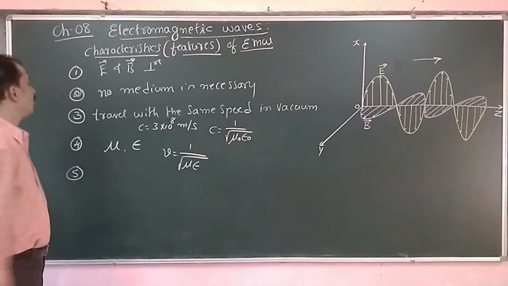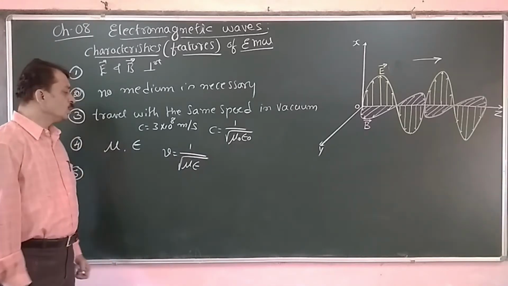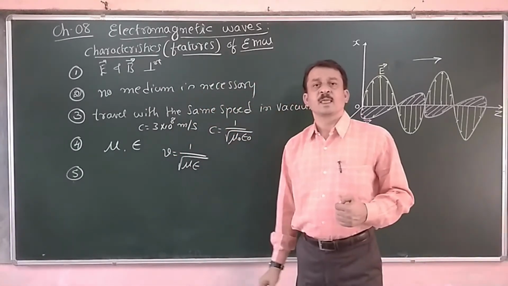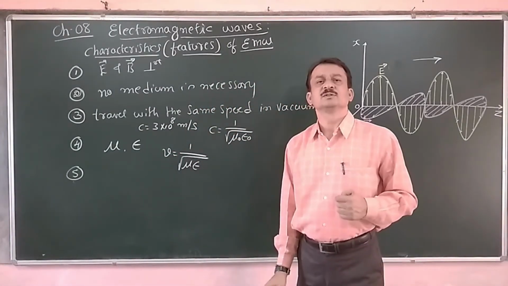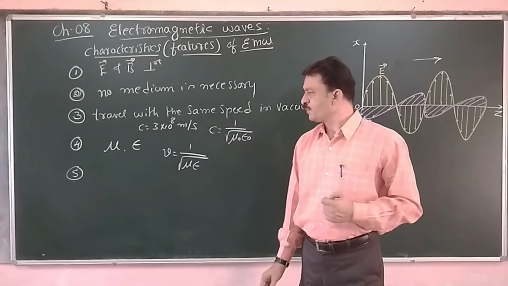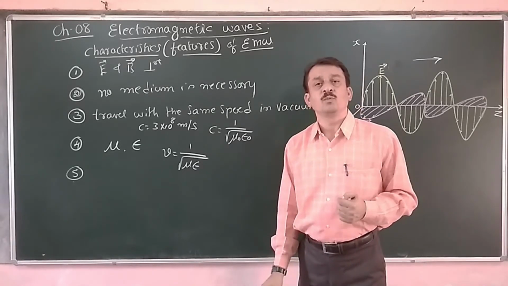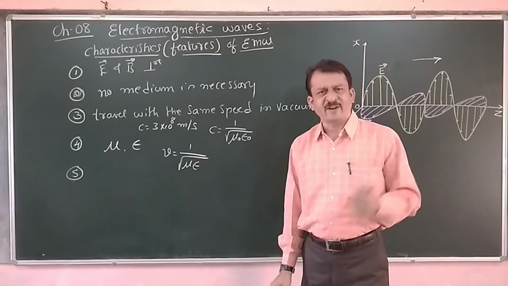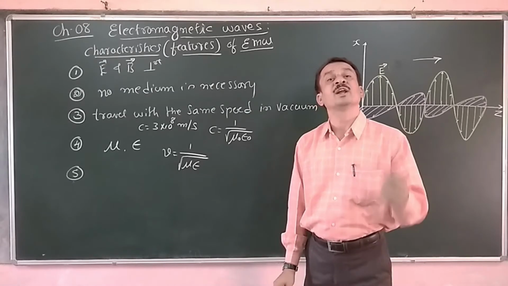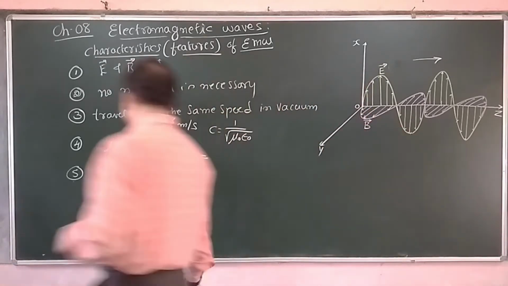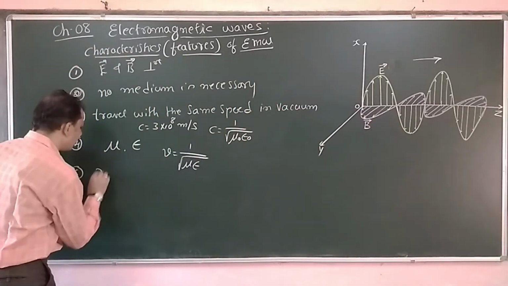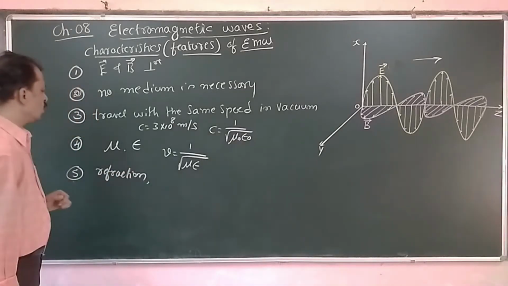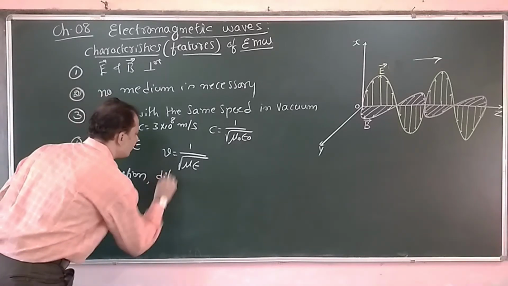Then we have a fifth property. These electromagnetic waves, just like ordinary waves, undergo refraction, diffraction and polarization. Just like light, they undergo refraction and diffraction.